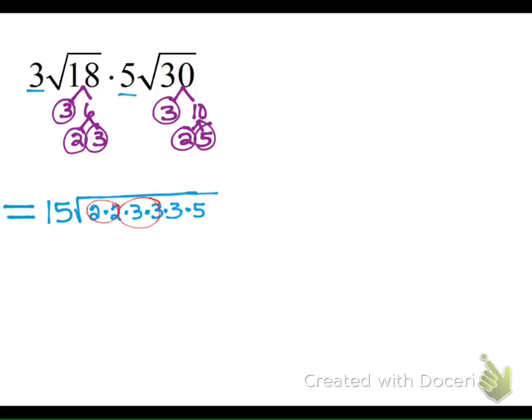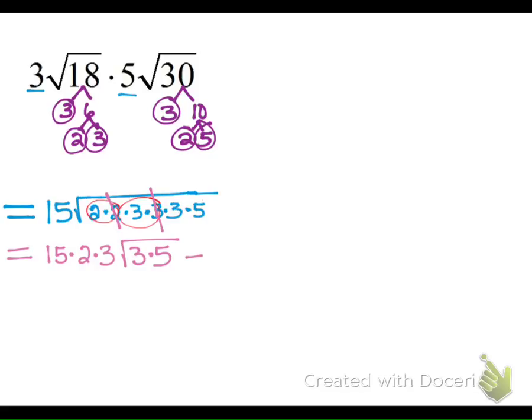And then I'm going to continue to simplify. So my factor pairs cancel, and they move to a single number in the coefficient. What's my coefficient already? So I'm going to have 15 times the square root of 2 times 5.